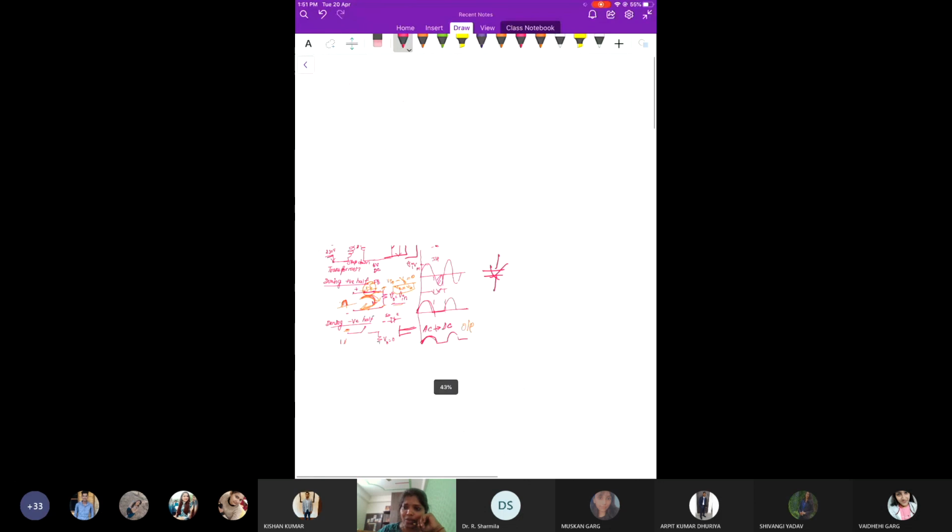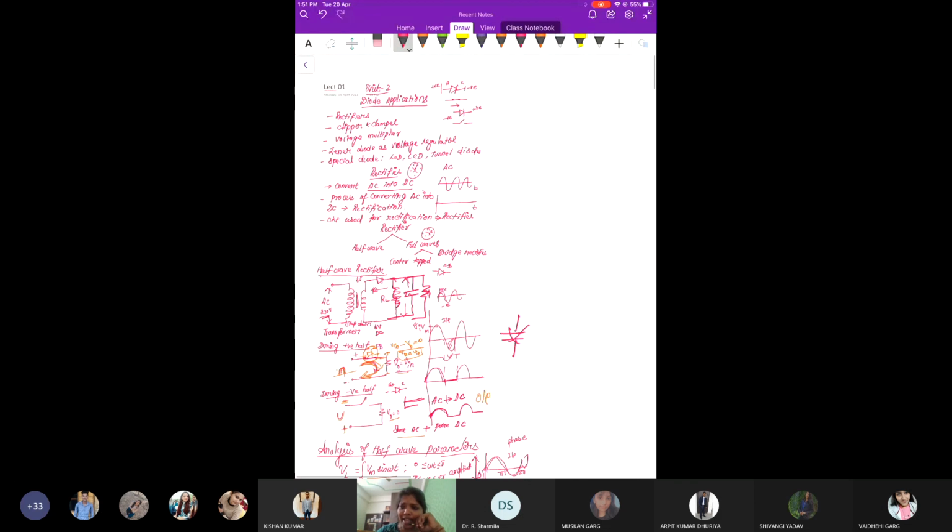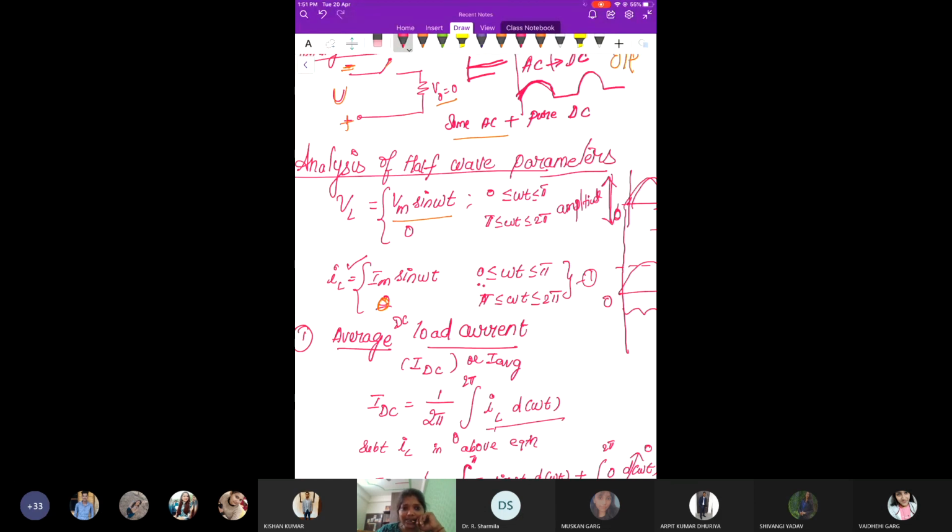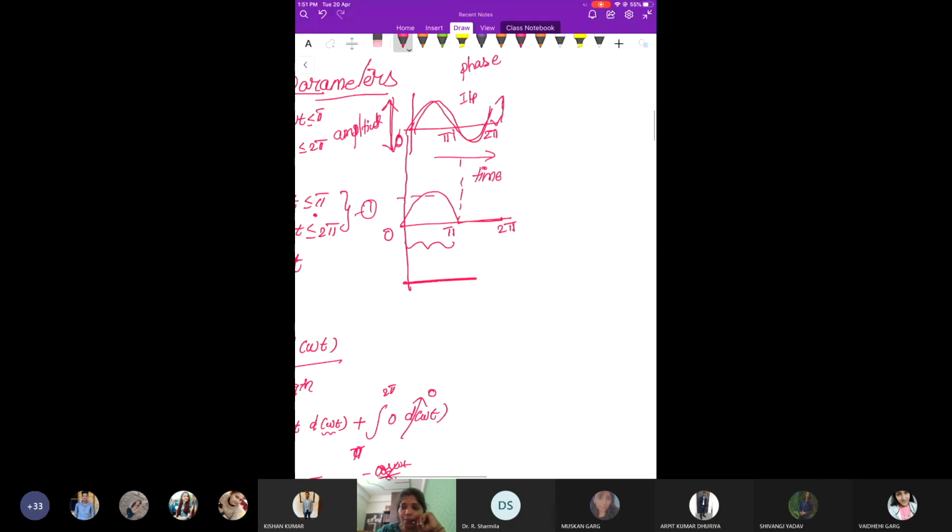But you can see, here I have considered only IL equal to Im sin omega t during the duration of 0 to pi. In a full wave rectifier, I will get another Im sin omega t, with a minus, because I will get output during both positive as well as negative.